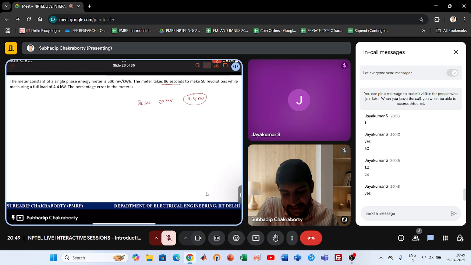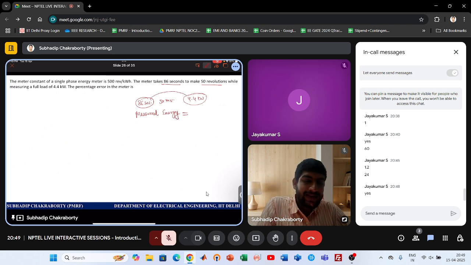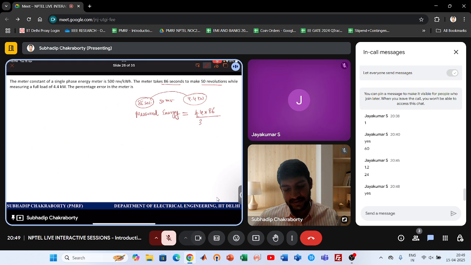So what is the measured energy? Because 86 seconds it is taking and the load is 4.4 kilowatt. So what is the recorded energy? 4.4 into 86 by 3600 kilowatt hour. This is what the energy meter is telling you.